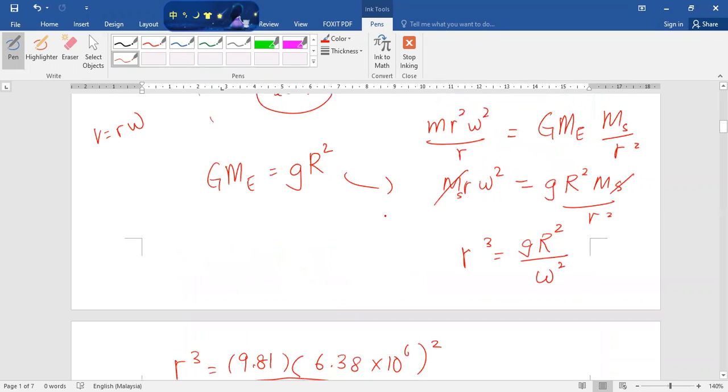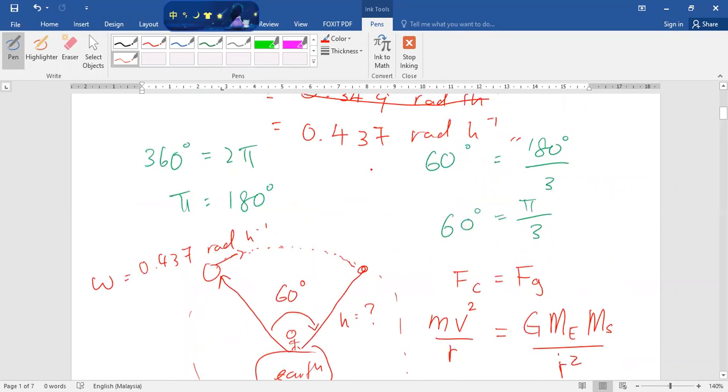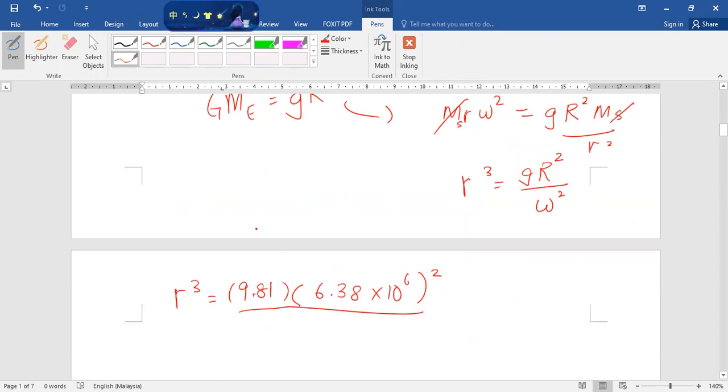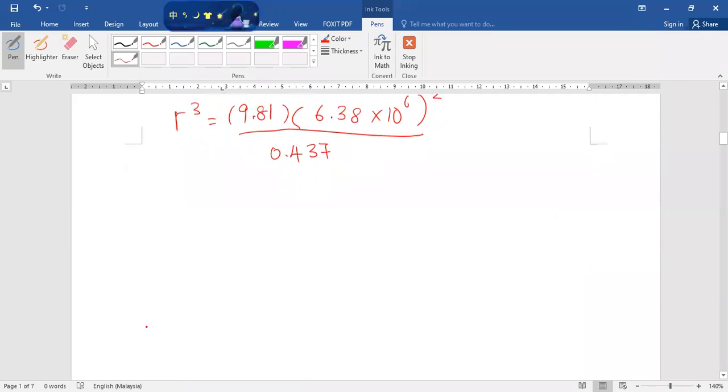The angular velocity of the satellite is equal to 0.437 radian per hour, per 1 hour.